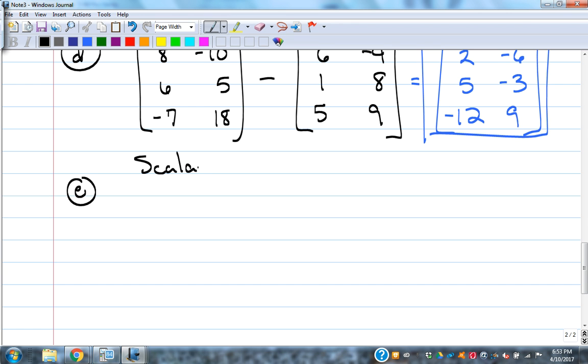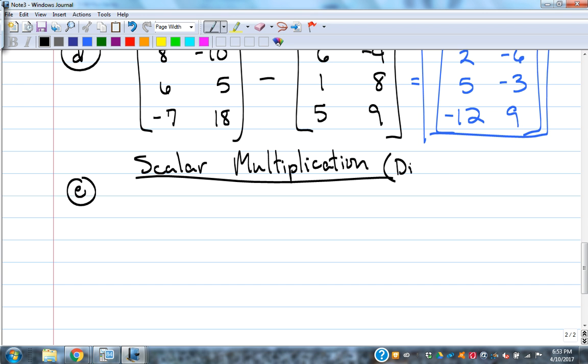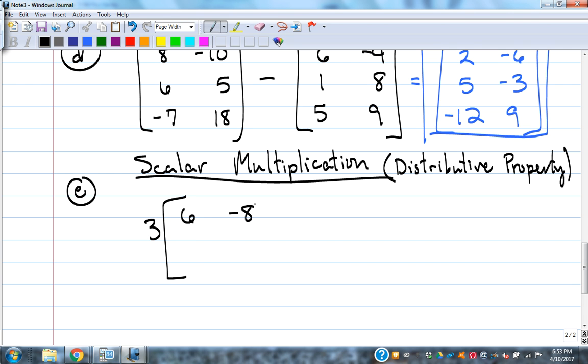Scalar multiplication, also very easy. Scalar multiplication, it's just think distributive property. Scalar multiplication is taking a number and multiplying an entire matrix by that number.